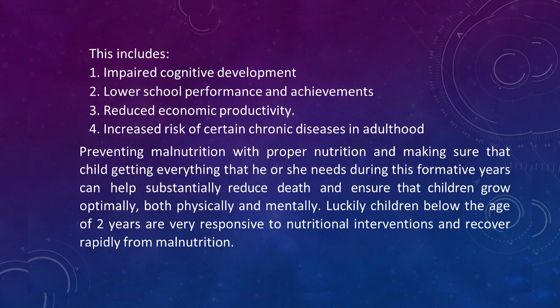Luckily, children below the age of 2 years are very responsive to nutritional interventions and recover rapidly from malnutrition. It is our observation that when these malnourished children are given proper nutrition, they recover faster. So, diagnosis of their malnutrition is important, where anthropometry helps.